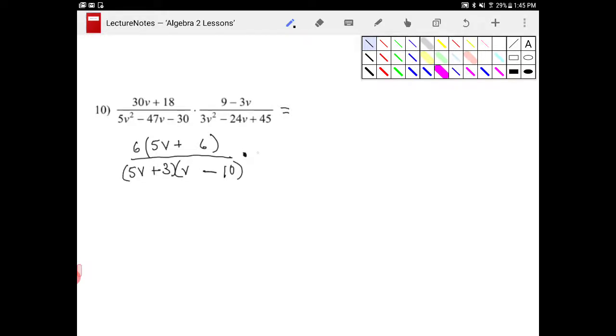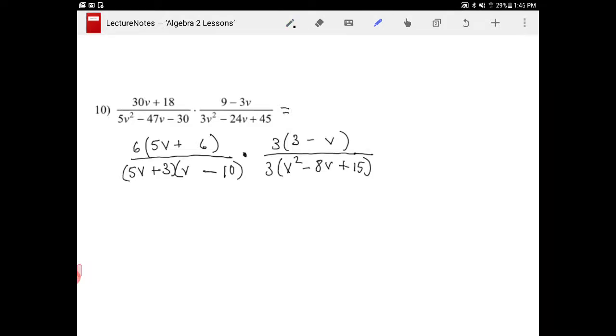And then times 9 minus 3v, I want to factor out a 3, and I'll end up with 3 minus v, divided by 3v squared minus 24v plus 45. I noticed that there's a common factor of 3, so that's v squared minus 8v plus 15. Can I further reduce this?